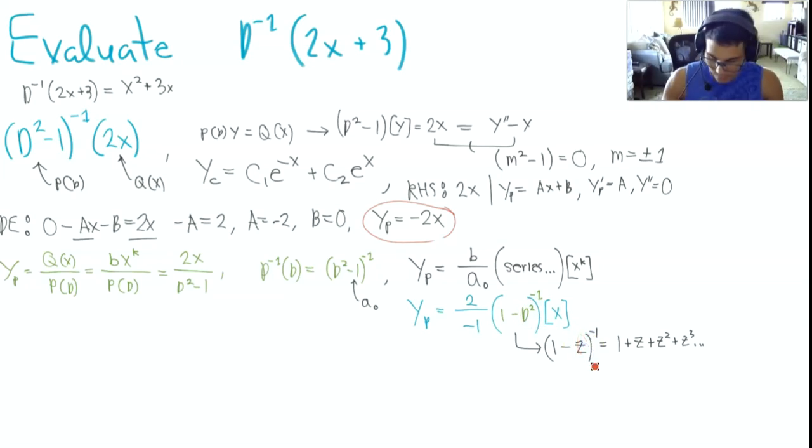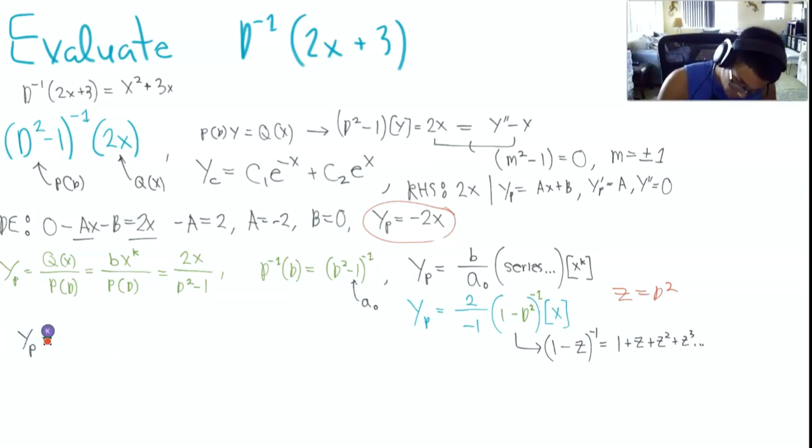Okay. So I'm going to write this in red. So let's start over here now. So YP is equal to -2. Okay. This is what this was, right?